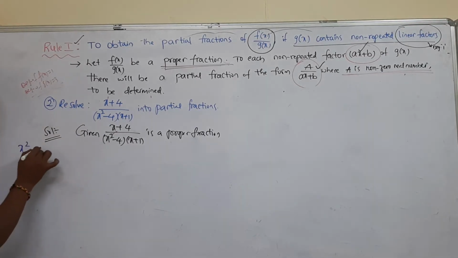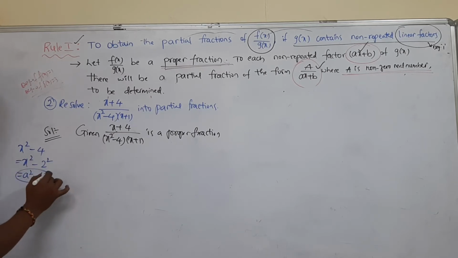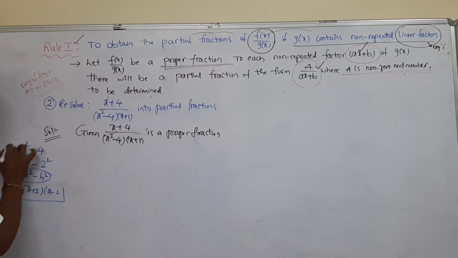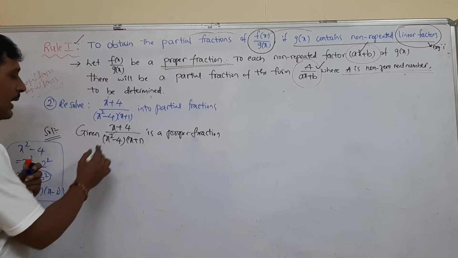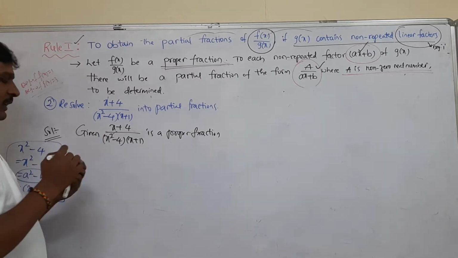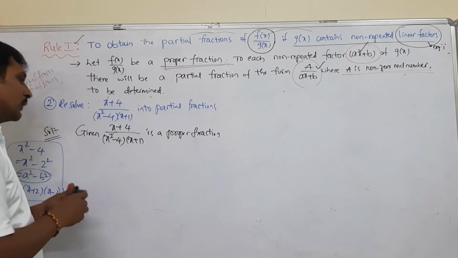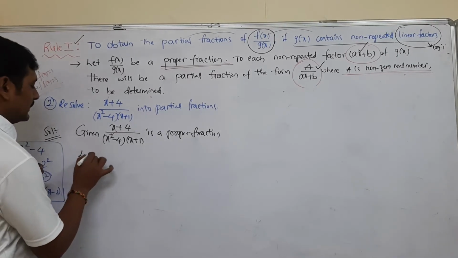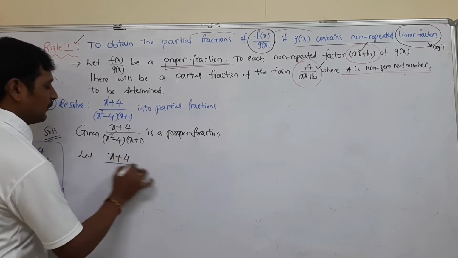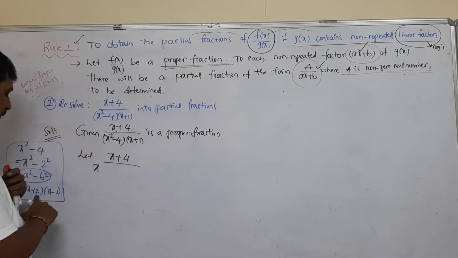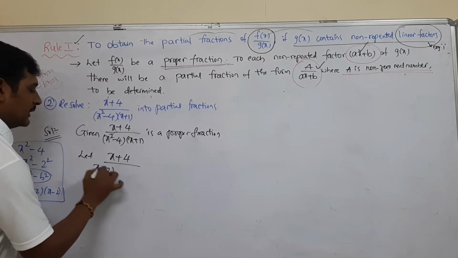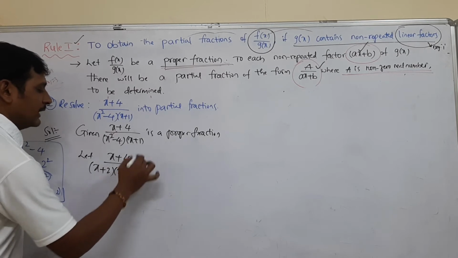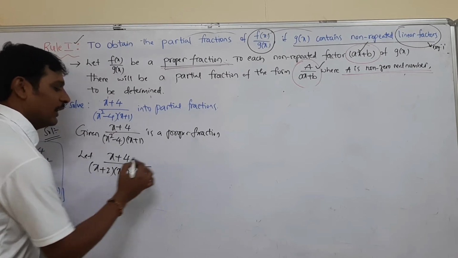What can x square minus 4 be written as? X square minus 2 square, which is of the form a square minus b square, which can be written as (a plus b) into (a minus b). So x square minus 4 can be written as (x plus 2) into (x minus 2). So which is reducible. So let us consider this: x plus 4 by, instead of x square minus 4 you can write (x plus 2) into (x minus 2) into (x plus 1).